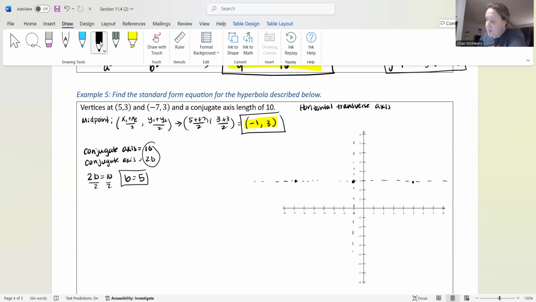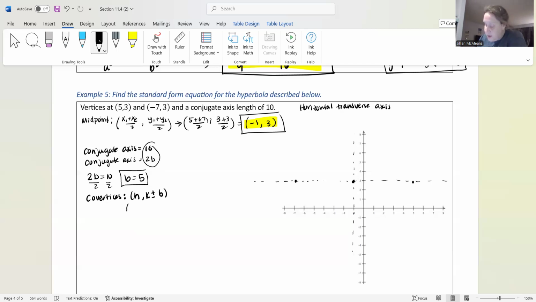Since b is 5, I'm going to take my center and add or subtract b. For the co-vertices, we take the center and add or subtract b from either the x-coordinate or the y-coordinate. Since my conjugate axis is running vertical, I'm going to leave h alone, take k, and add or subtract b.